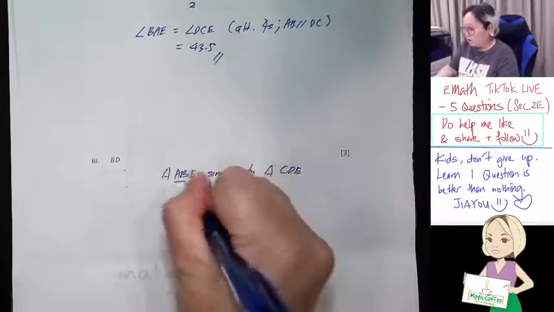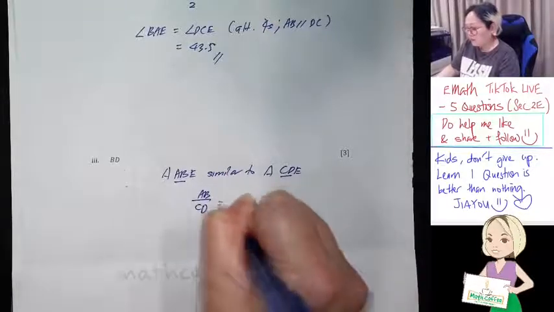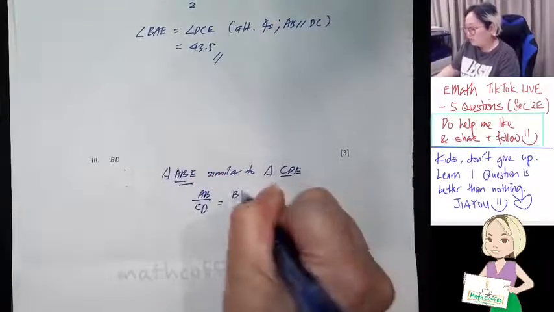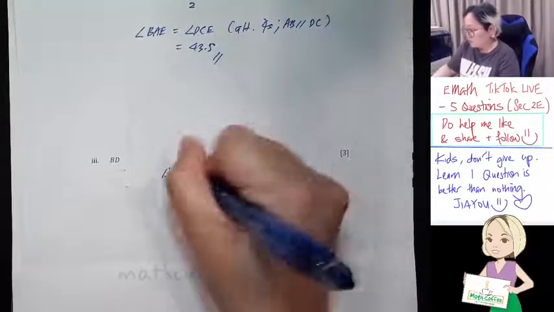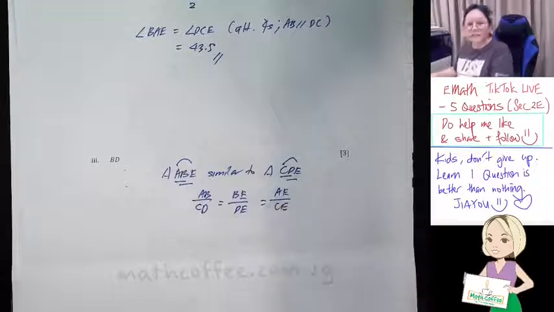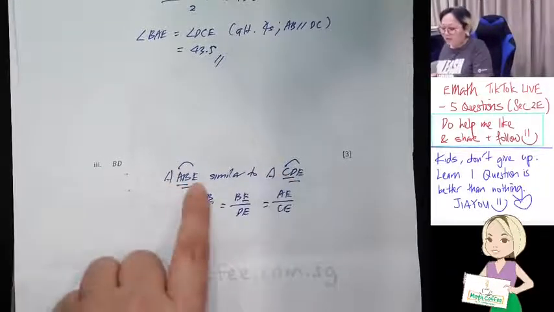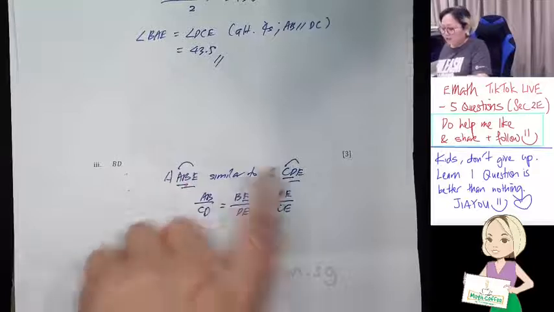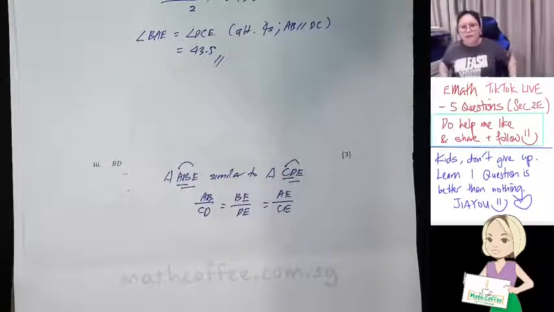So I will write AB over CD is equal to BE over DE equals AE over CE. You can see that I make it very systematic: first two letters, second and third, first and third. So this is the length ratio.